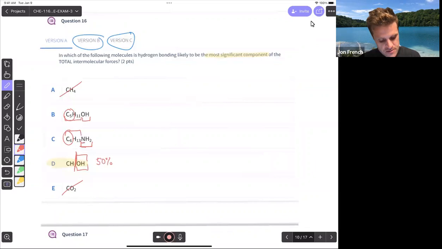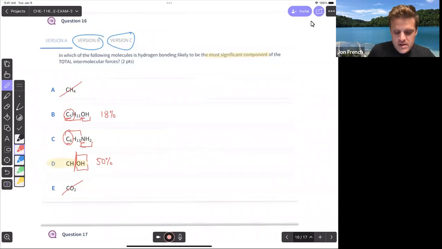Whereas this nitrogen is 1 out of 7, or this oxygen is 1 out of 6 places for intermolecular forces. So here we're down to maybe 18% if we were splitting it that way. So it should be methanol. Hydrogen bonding is the predominant intermolecular force there because the rest of the molecule is so small, so we're going to have a limited number of London dispersion forces.